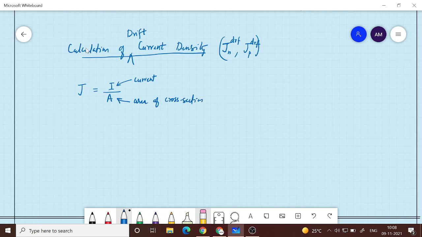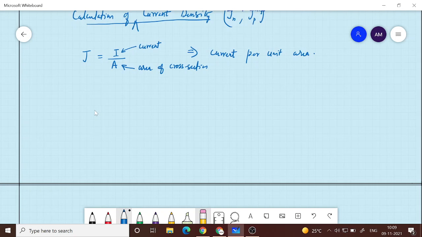Current divided by area of cross section is what is called the current density, or current per unit area. Mostly we will have equations in the study of semiconductor devices based on current density.